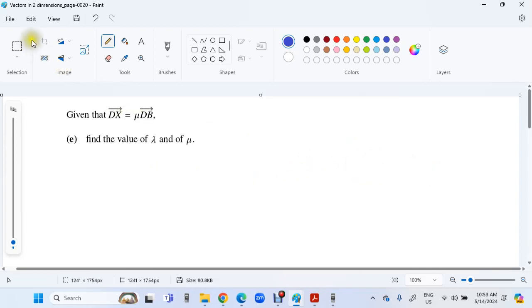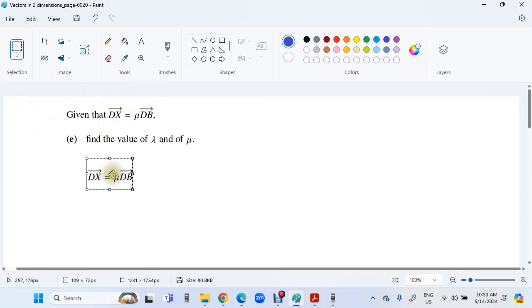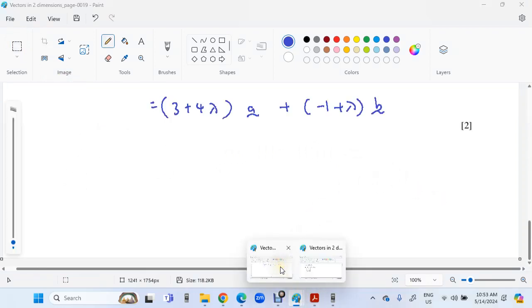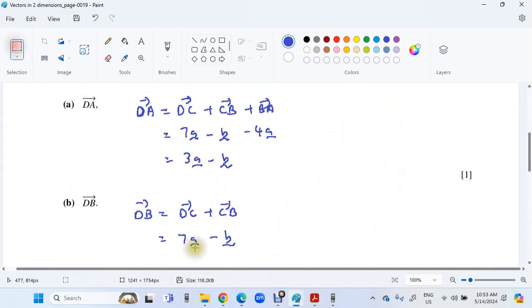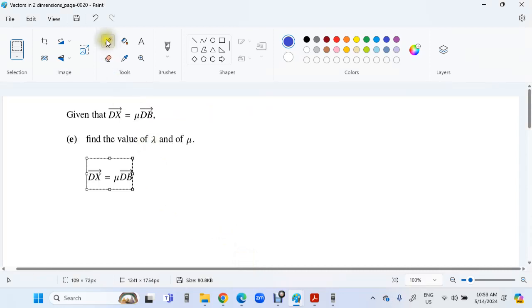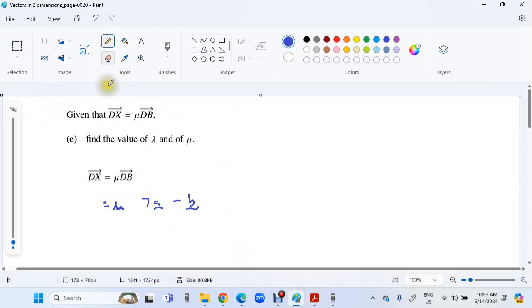It's given that DX is mu DB. So DB, we also find DB here. So DX is equal to mu DB. Then we have 7 mu a minus mu b.